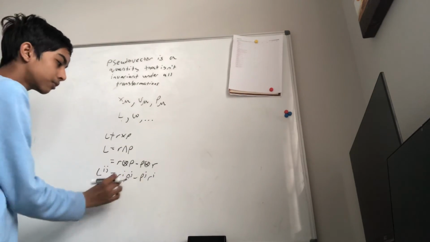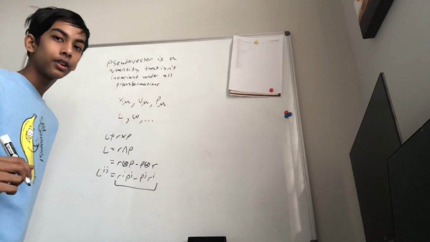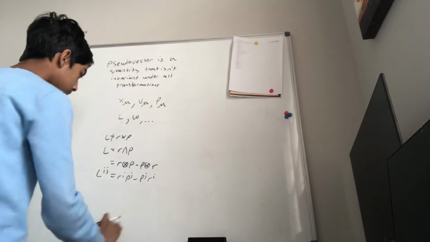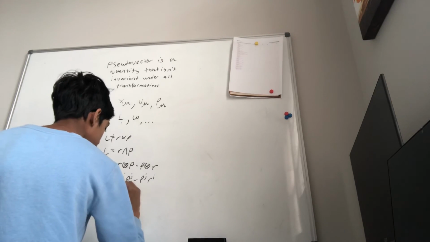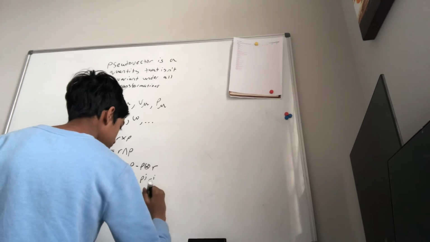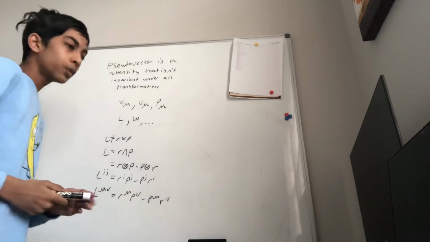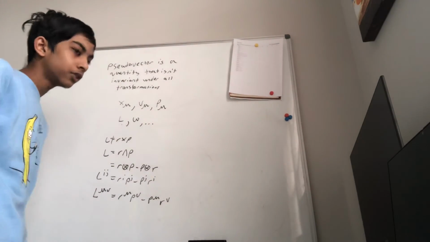Since no indices are being summed over, this quantity is by definition a tensor. And of course we can extend this to 4 dimensions, so L mu nu is equal to r mu p nu minus p mu r nu. And we have to turn pseudo vectors into tensors so that we can actually transform them.